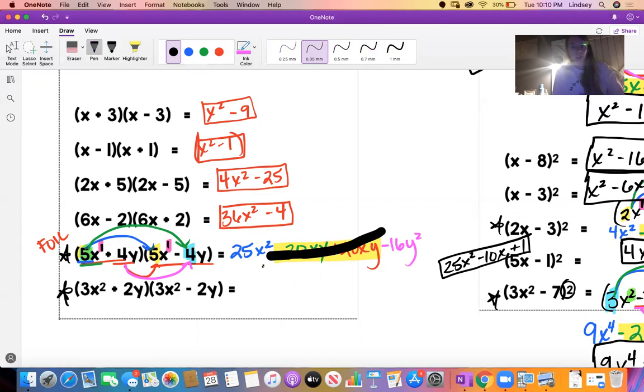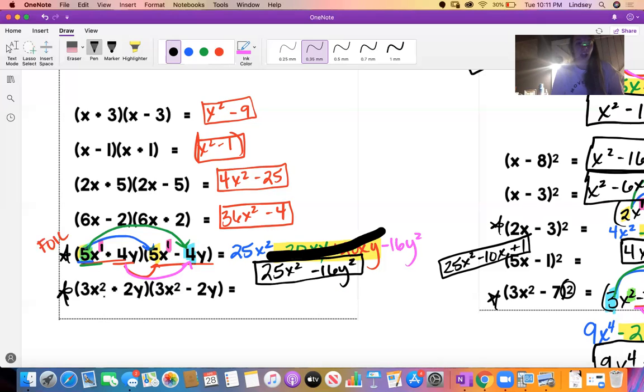So I'm left with 25x squared minus 16y squared. Okay, so even though it started off with multiple terms, some more coefficients, same process, okay? Just go step by step with what you know.